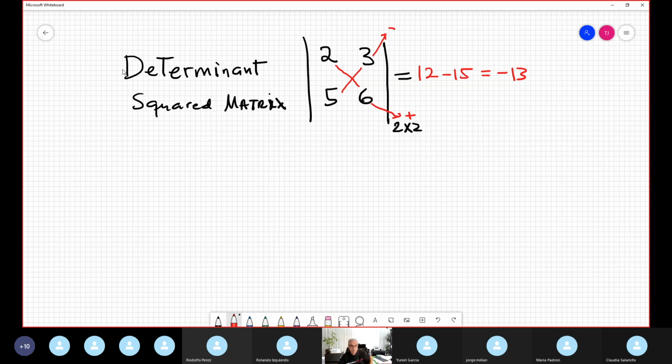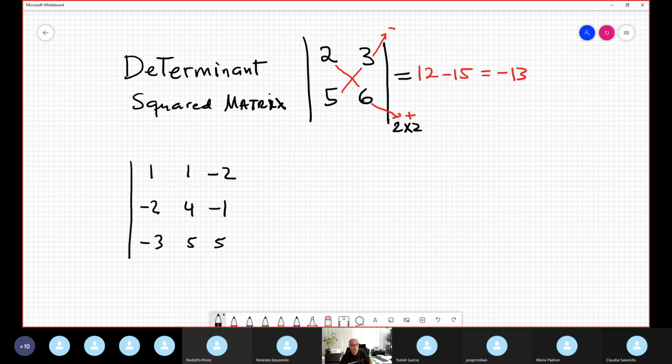Okay, let's do it. Suppose 3 by 3, this example: 1, 1, negative 2, negative 2, 4, negative 1, negative 3, 5, 5.